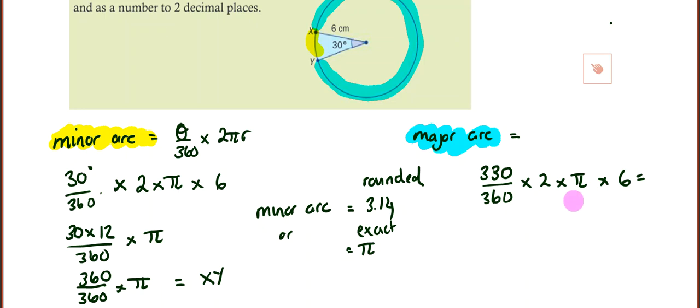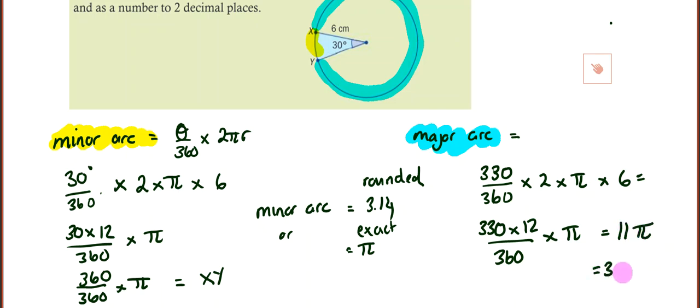But equally we could say pi d, so then d would just be 2 lots of 6, which is 12 anyway. So you go straight to that. So we've got 330 times 12 over 360 times pi, what do we end up with? 11 pi. 11 pi? Or 34.56.